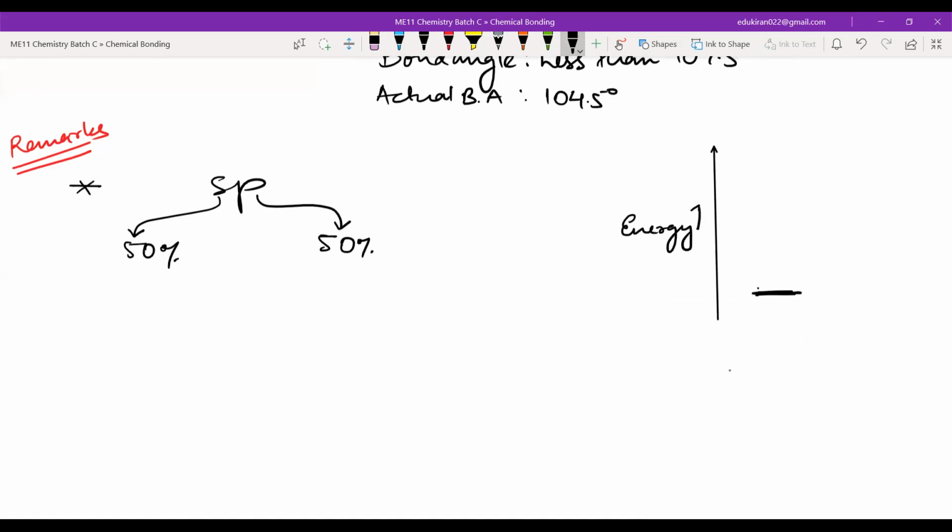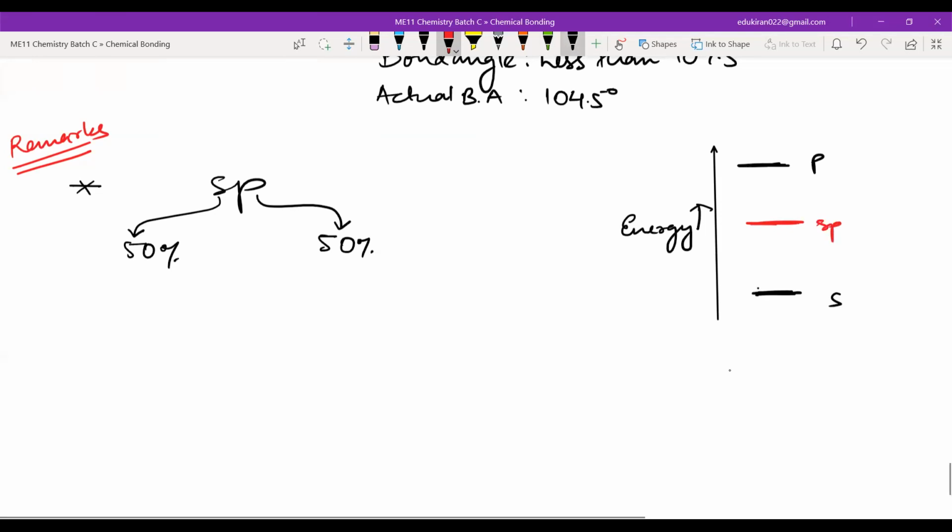So energy is going up like this. This is s and this is the p orbital. That means sp will be somewhere exactly between s and p, because it has 50% s and 50% p character. This is the sp hybrid orbital.